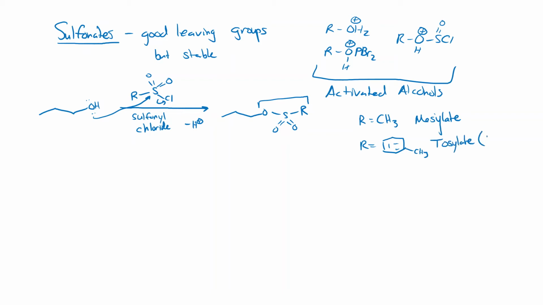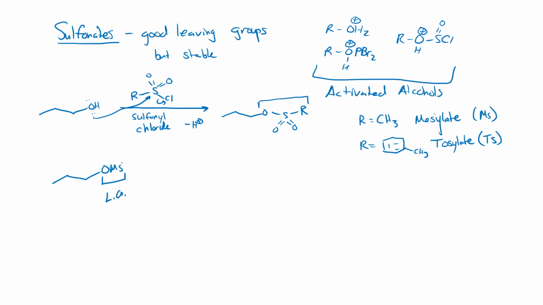And it's abbreviated TS or MS. So if you see OMS, that means mesylate, an oxygen connected to a sulfur that's connected to two other oxygens, which is connected to a methyl group, right? And the big important point here is this is a good leaving group.